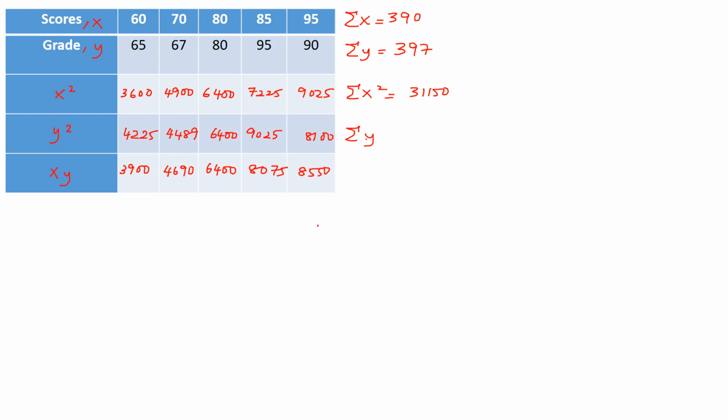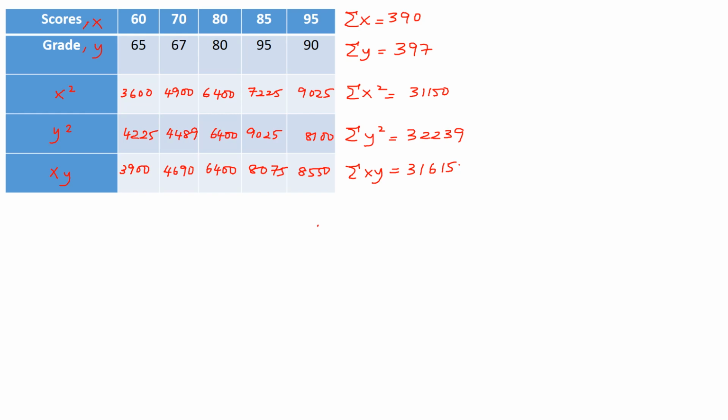This is the sum of y squared, 32239. And the last row is the sum of xy, which is 31615. Okay, now we need all this information to find the values of A and B.